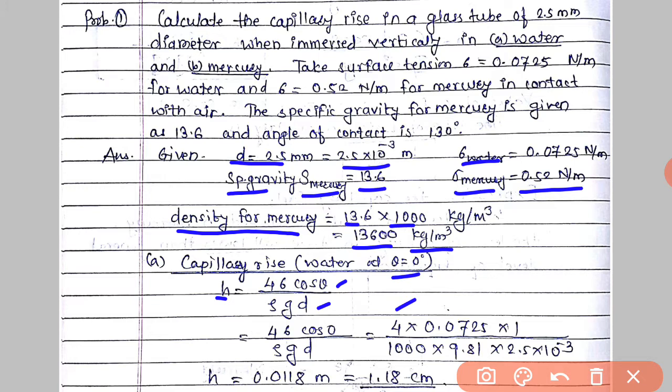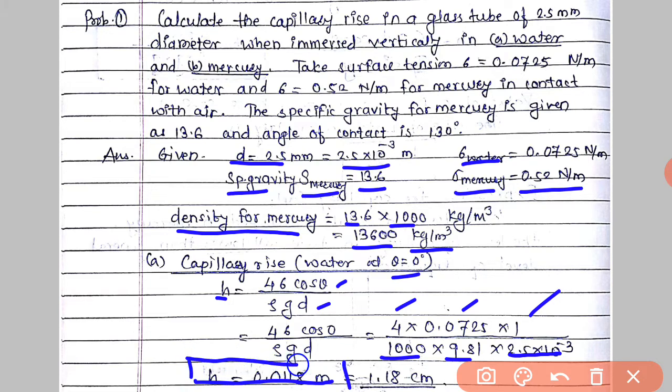So 4 into 0.0725, this is the value of sigma or surface tension, and cos 0 is 1. Then the value of rho for water, and acceleration due to gravity 9.81, and the diameter 2.5 into 10 raised to minus 3. So h equals 0.0118 meter.